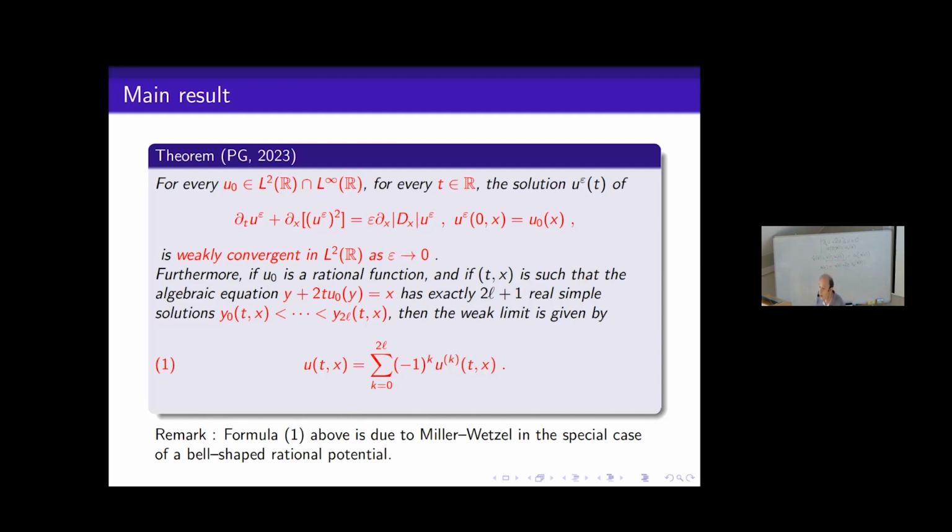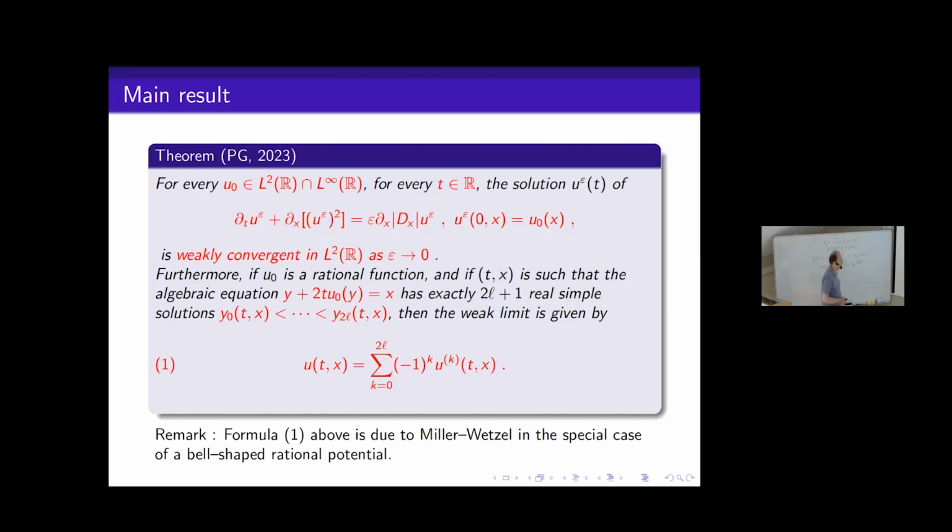You prove that you have weak convergence. You don't have to extract a subsequence. Of course, it's bounded in L2, so there is a subsequence such that. But in fact, any weak limit is the same. There is just one weak limit, and we are going to compute it.